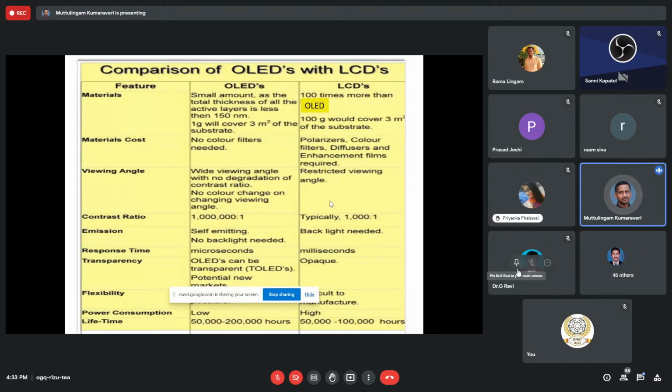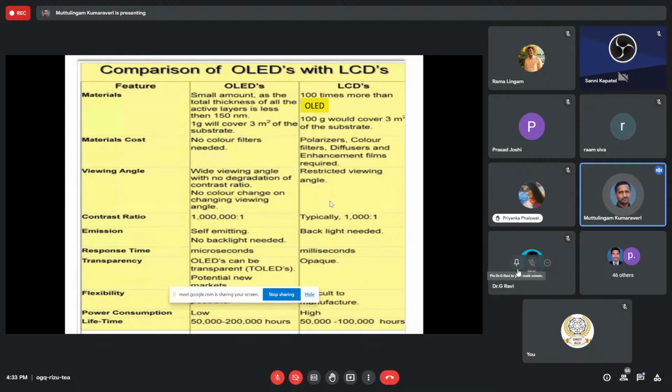I don't mean behind the screen, but even at 180 degrees you can see more clearly from the OLED display, but in LCD that is not possible. And the contrast ratio is actually 1 million to 1, compared to only 1,000 to 1.